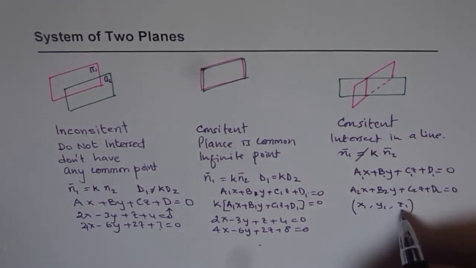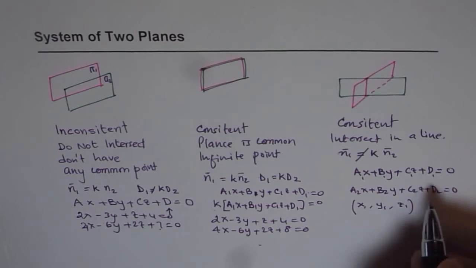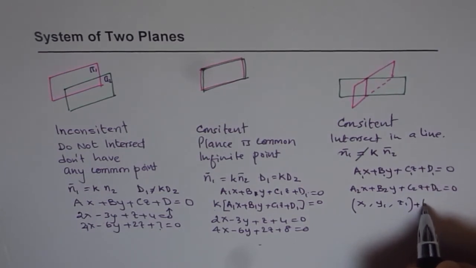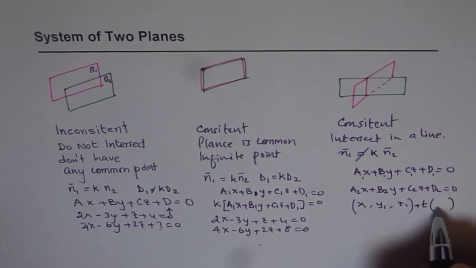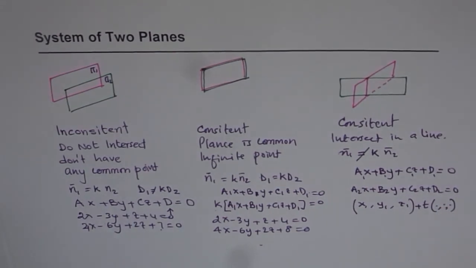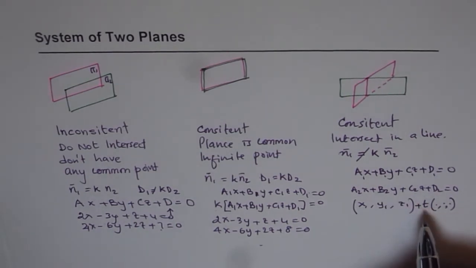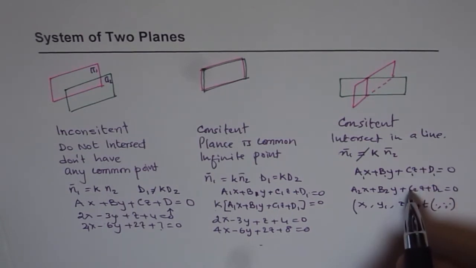Now we cannot really find them since there are only two equations to work with, and therefore we take the help of parameters. As soon as we define our parameter, we get the equation of a line, with its direction numbers. So you'll always see that the planes will intersect and we will have parameters to define and help us find the line of intersection in each and every case.